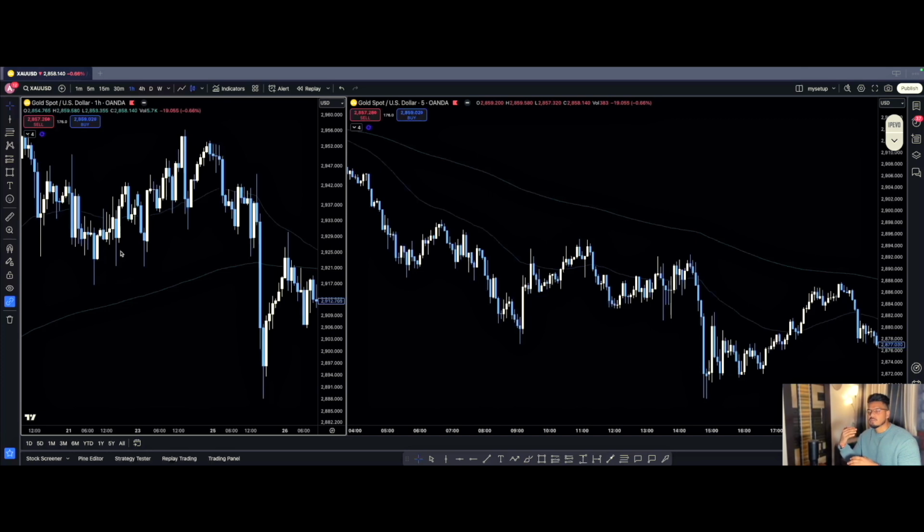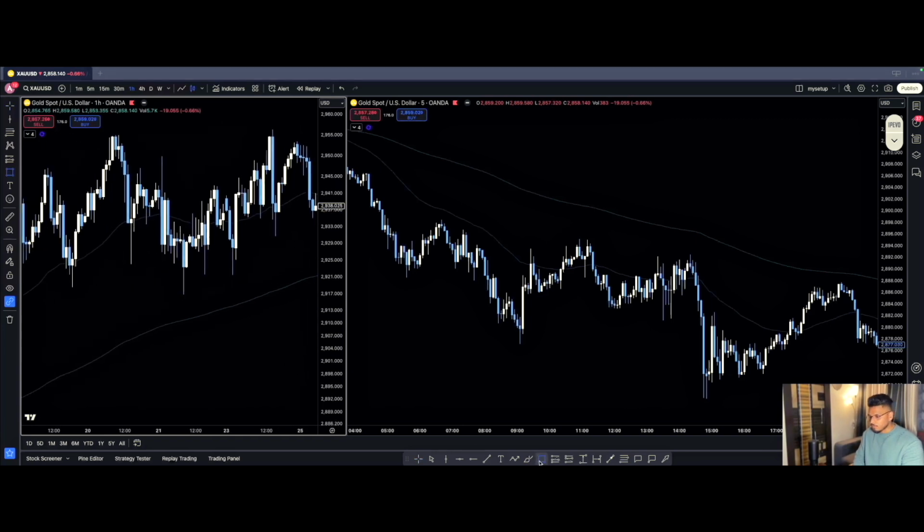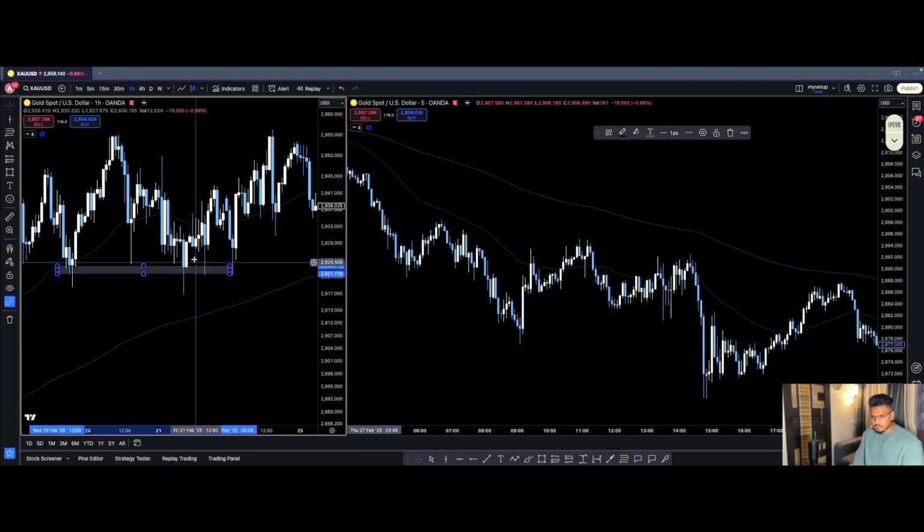Even if the candle has closed bearish on that level, you don't want to take a sell over here because there is an important key level around that area. For example, you do not want to sell around this area even if this candle has closed bearish. You don't want to sell it because there is very little chance that the next candle is going to close bearish as well. So that was the first common mistake to avoid.